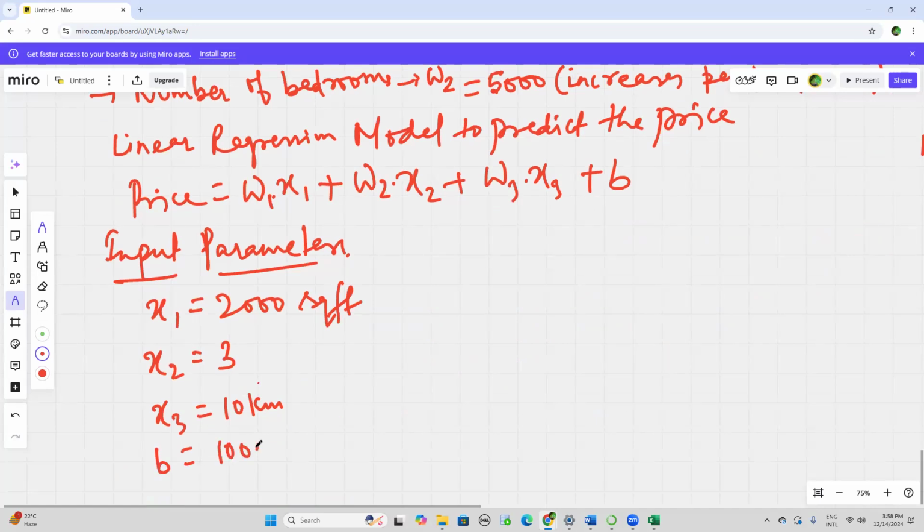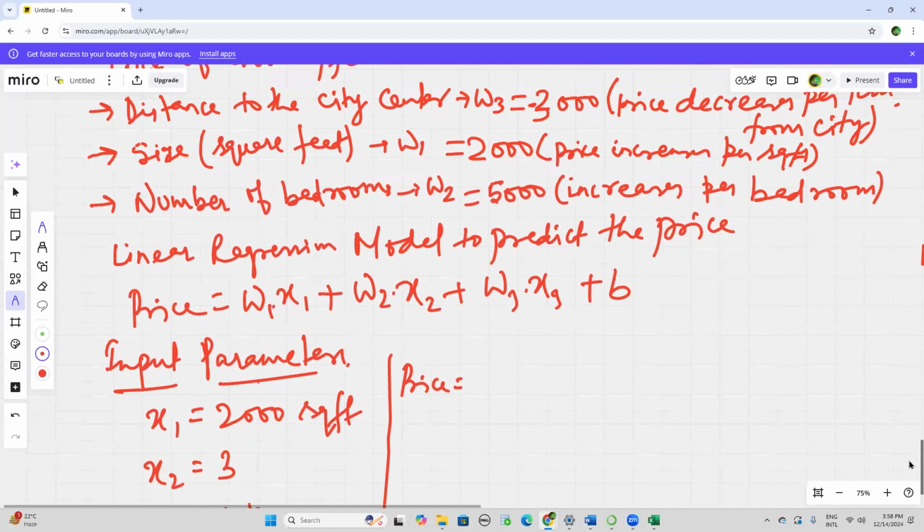Now if you have to find the price of it, let's say the constant B is 10,000. I'm taking very straight values so that the calculation is simple. Now, if I have to calculate the price, W1 was 2000.